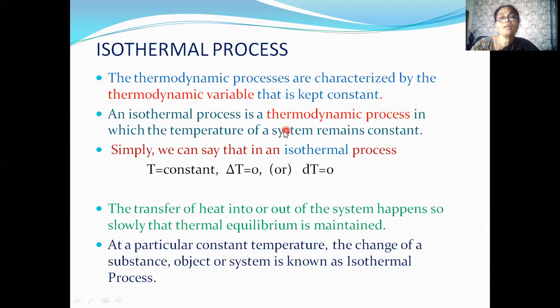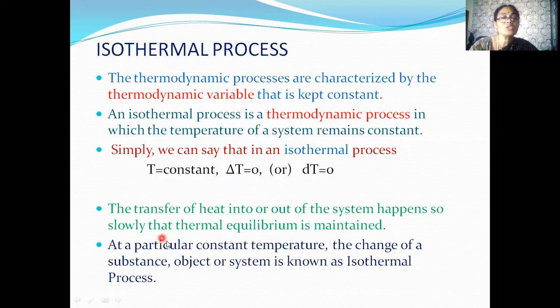So an isothermal process is a thermodynamic process in which the temperature of the system remains constant. So simply we can say that in an isothermal process, T is equal to constant, or change in temperature is equal to 0, or dT is equal to 0.